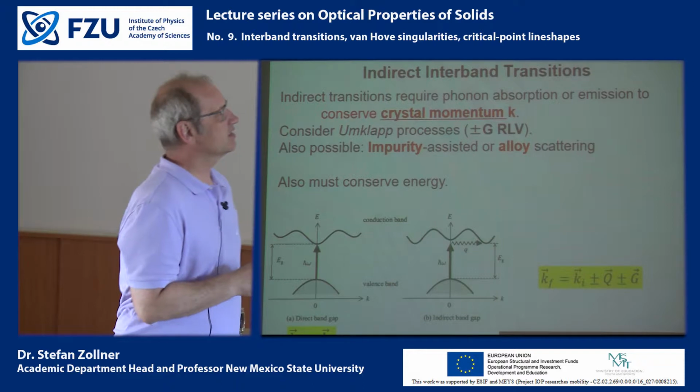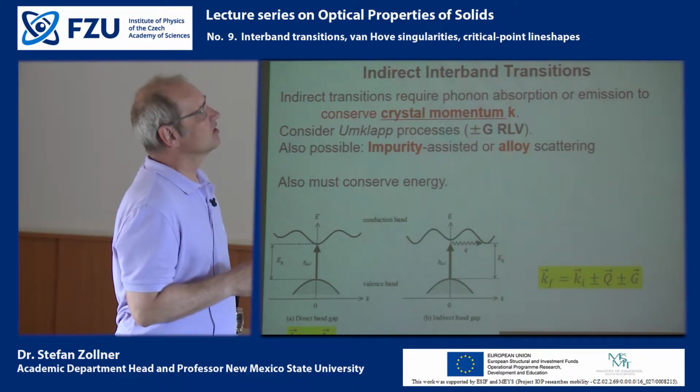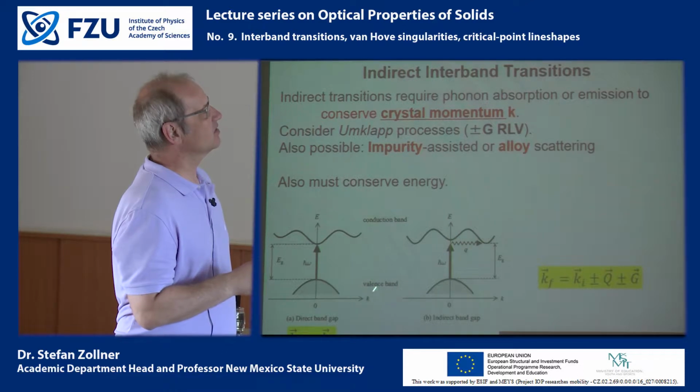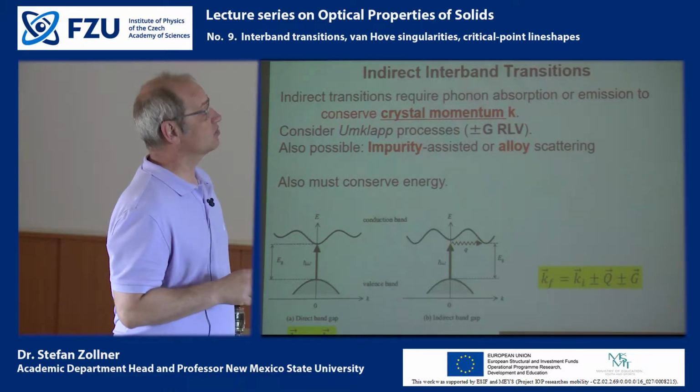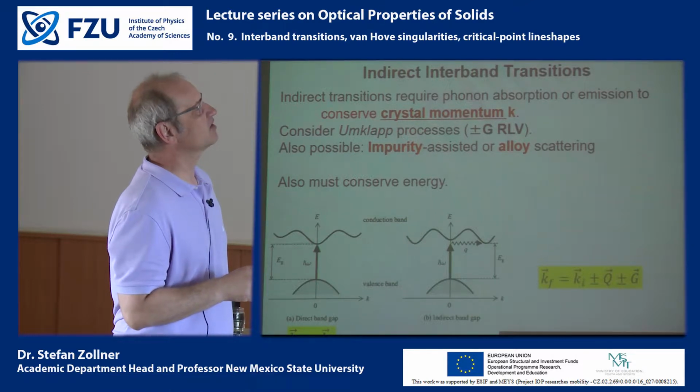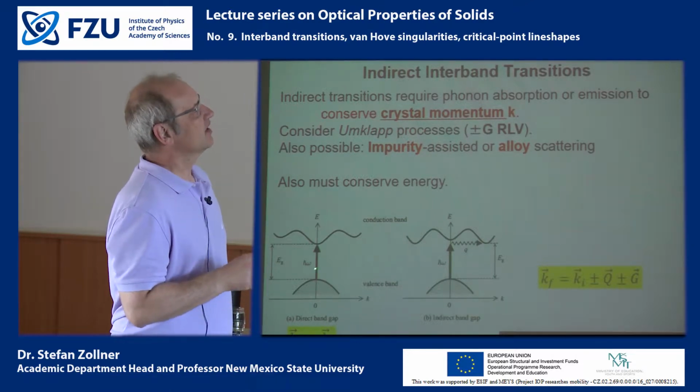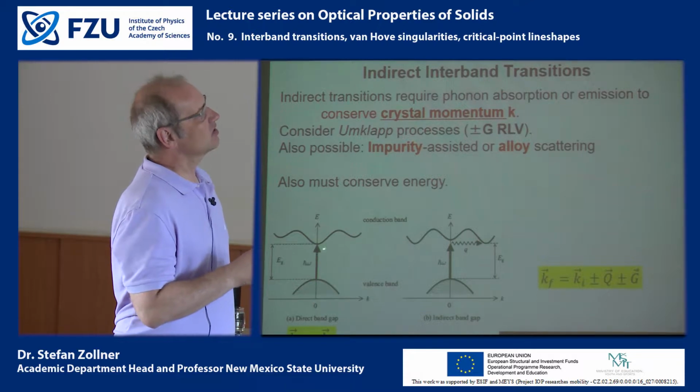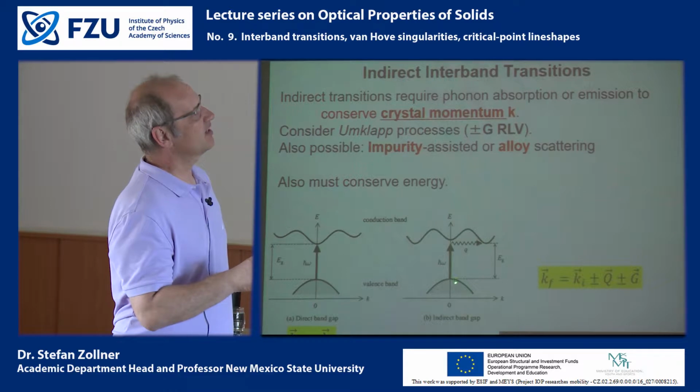So let's look at this in more detail. This is the direct absorption process where the final and the initial state have the same wave vector, and such a transition conserves crystal momentum. Whereas an indirect transition is a two-step process.